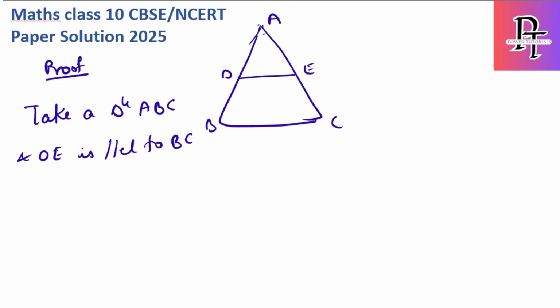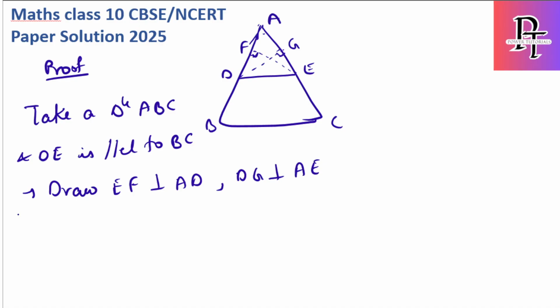Now second step, draw EF perpendicular to AD and DG perpendicular to AE, so that these are 90 degrees. Okay, and in the next point, join DC and BE.